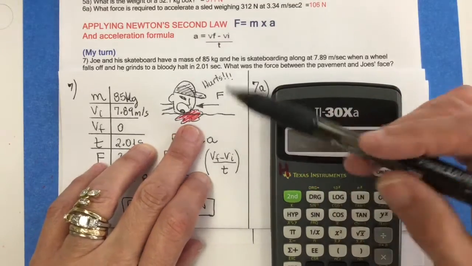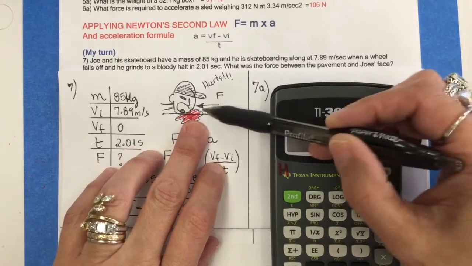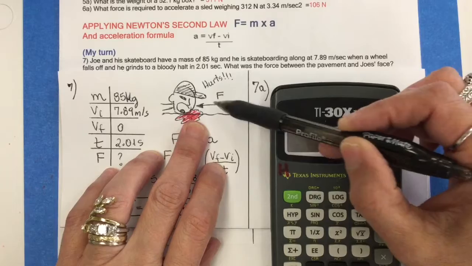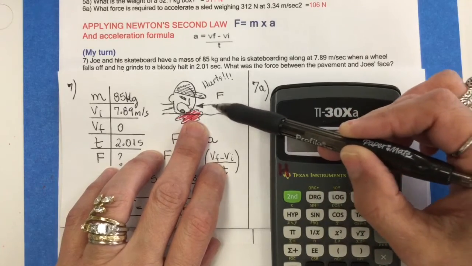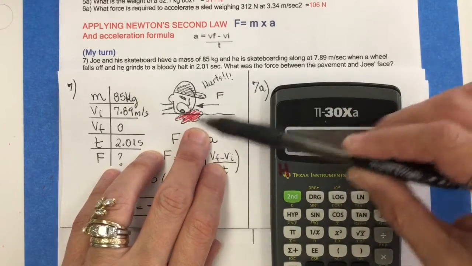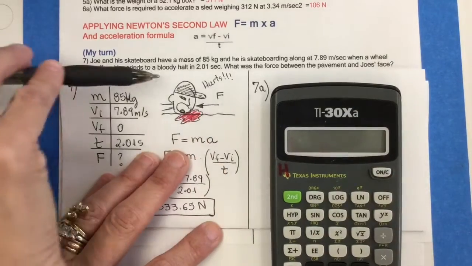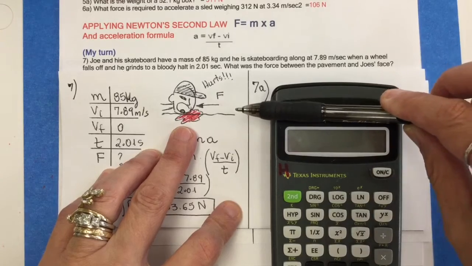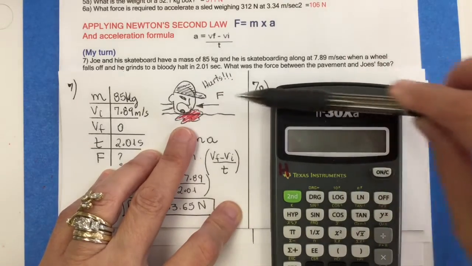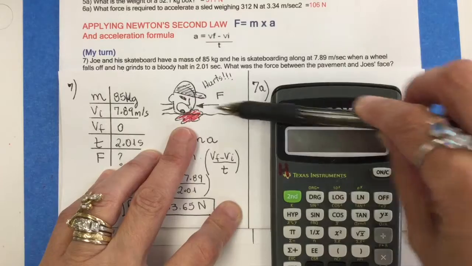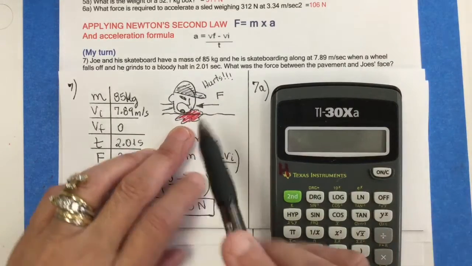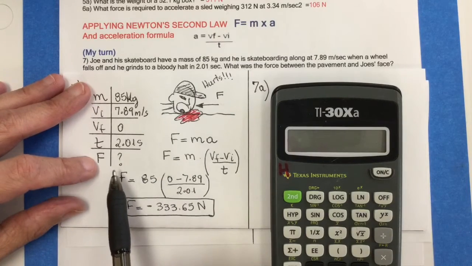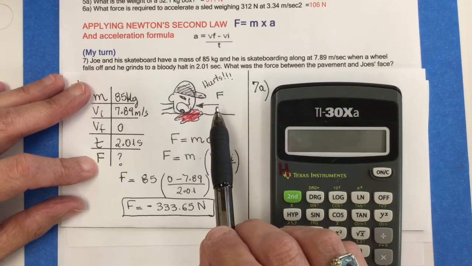So the pavement was producing a stopping force or a friction force that is opposing the motion. That's why we are representing it in this direction. He was coming this direction, and the pavement was applying an opposing force on his face. So what it's asking is, what is the value of this force?